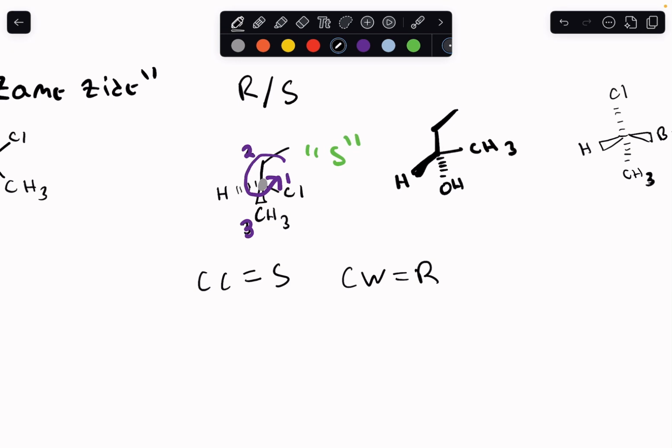And again we're going to number it based on highest priority. So one, two, three. Do you see how this is R?